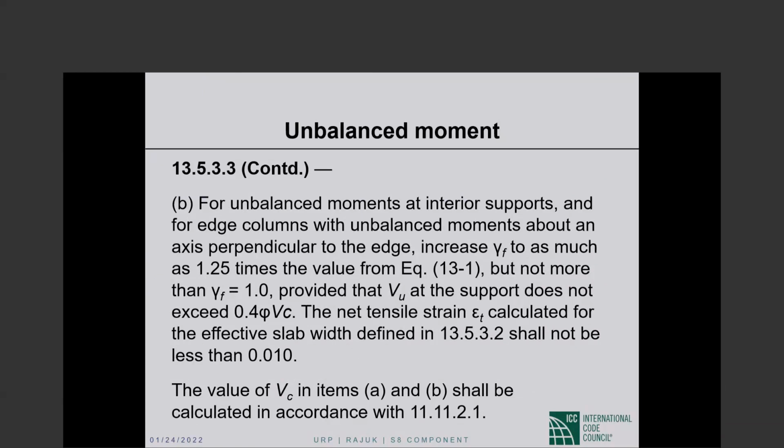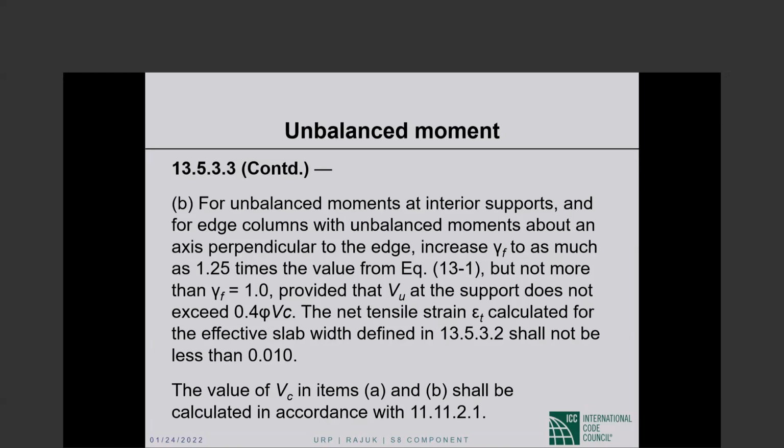So for bending moment at an interior column, or bending moment at an exterior column where bending is parallel to the edge, gamma sub F cannot be taken all the way to 1, but we can increase gamma sub F to as much as 1.25 times the value given by 13.13-1. So if we get 0.60 for gamma sub F, we can increase it to 0.75. But something like that, 1.25 times the value calculated, we cannot go above 1.0.